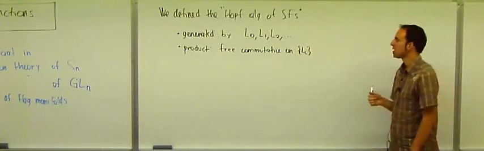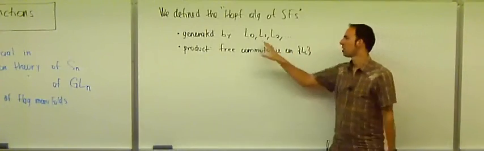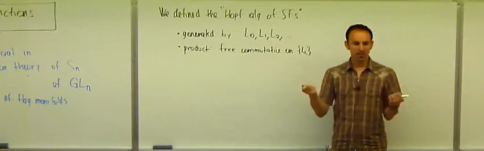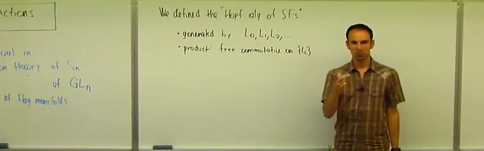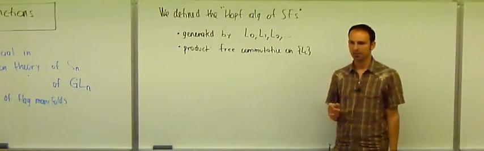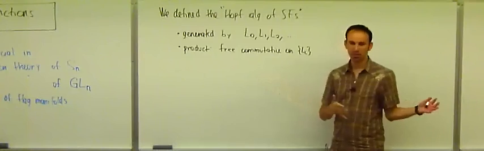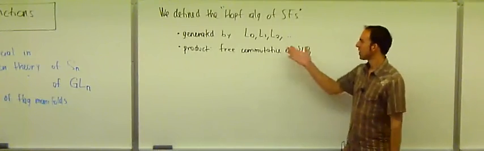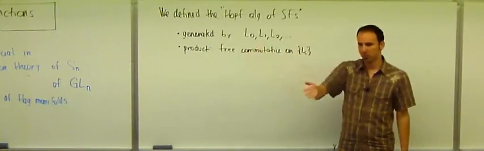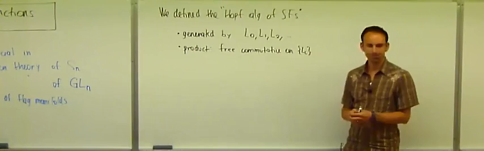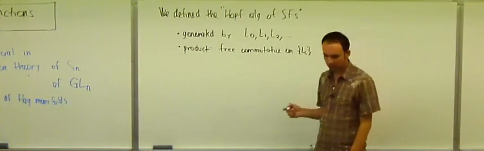Okay? And remember what that means is that basically when you multiply Li's, they satisfy no relation except for the relation that every pair of L's commutes. So LiLj is equal to LjLi. But otherwise, there's no relations between the L's.